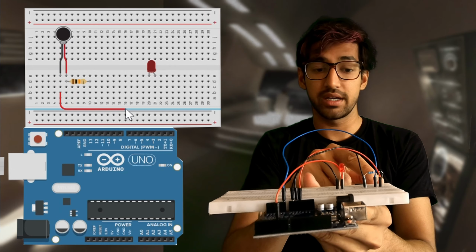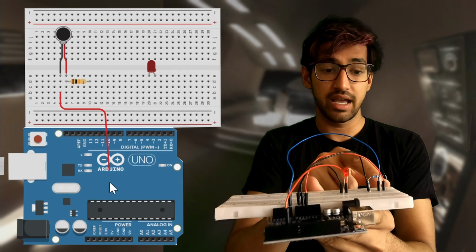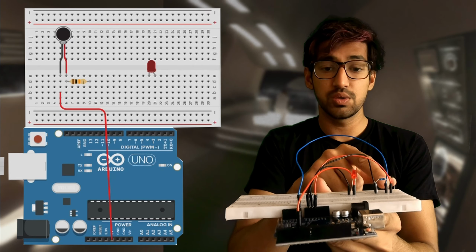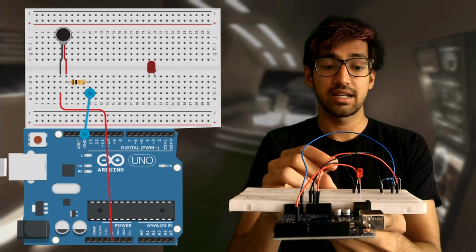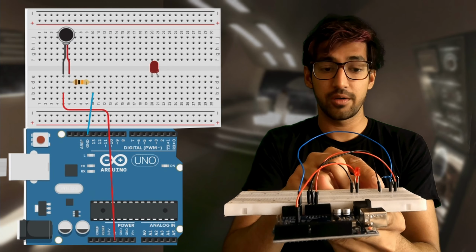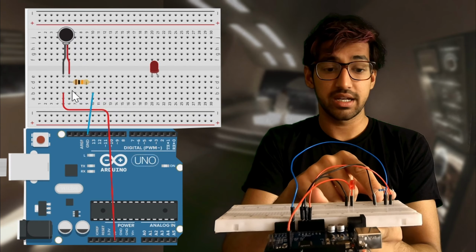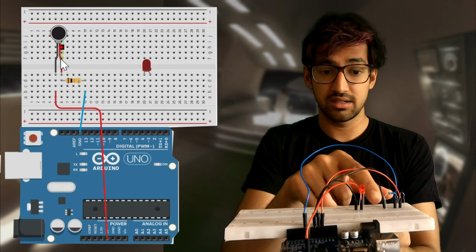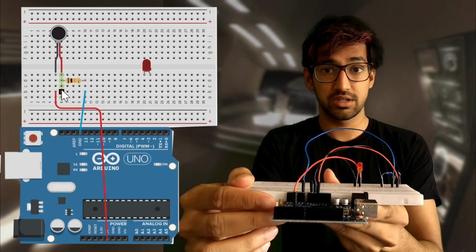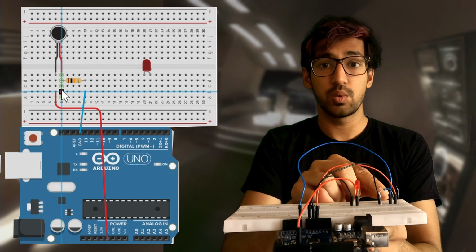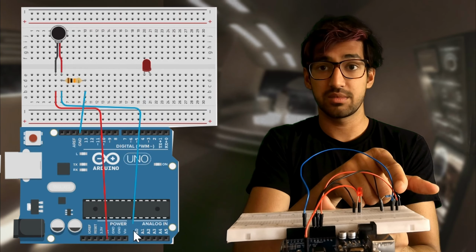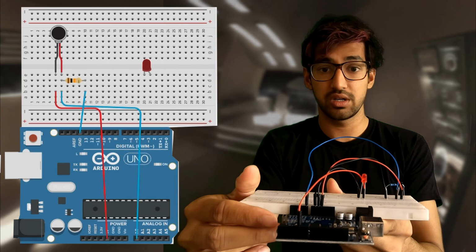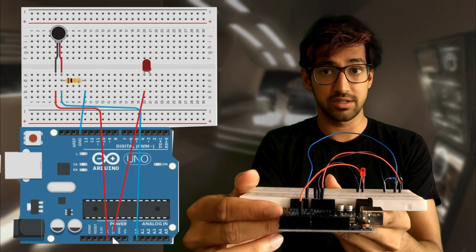Connect a red wire connecting the thermistor at 5B to the 5 volts on the microcontroller. Connect a blue wire from 11B, which is also connected to the resistor, to the ground on the microcontroller. Connect a blue wire from 7B, which is connected to the negative of the thermistor, to the analog port A0 on the microcontroller.